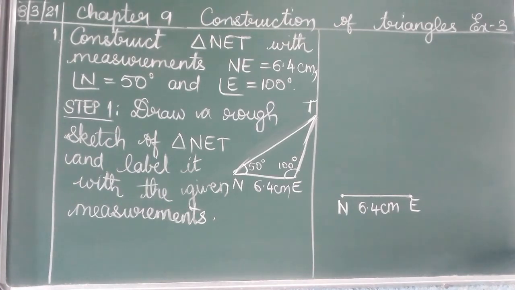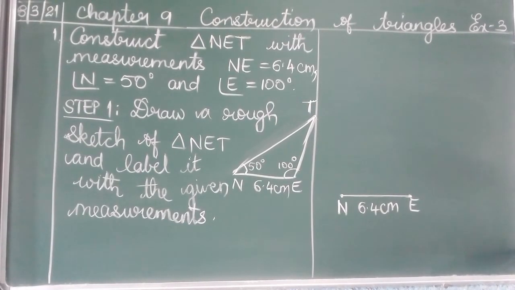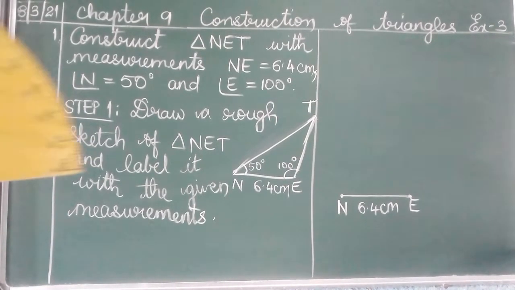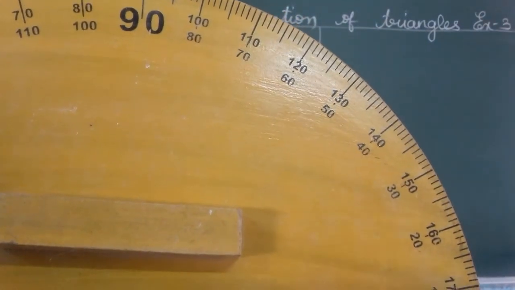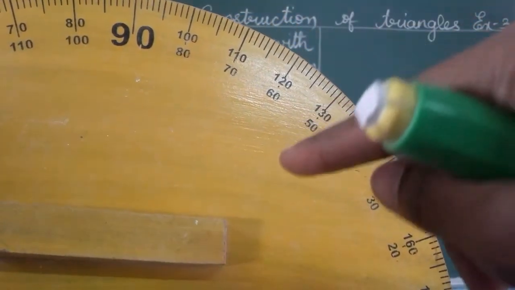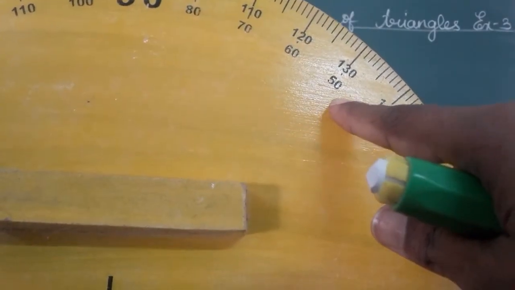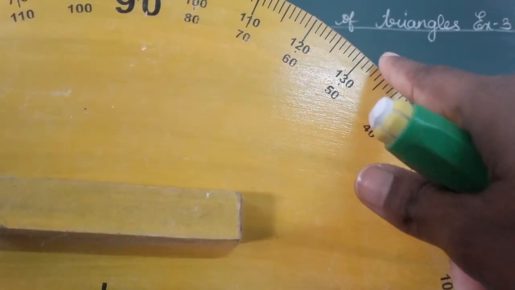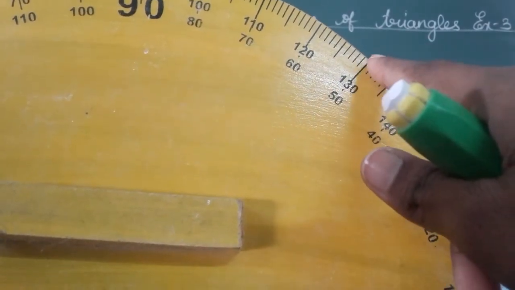Now let us use our protractors and mark the angle of 50 degrees. So here you can see that angle N is 50 degrees. Now use your protractors, children. See that you mark the angle. Angle is going to come to the right side. So this is 50 degrees. You need to see the inner scale to mark the angle.